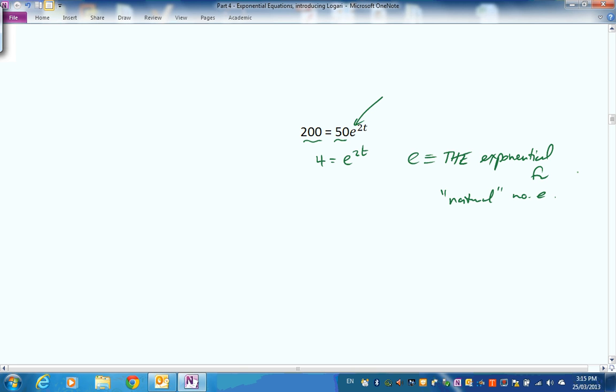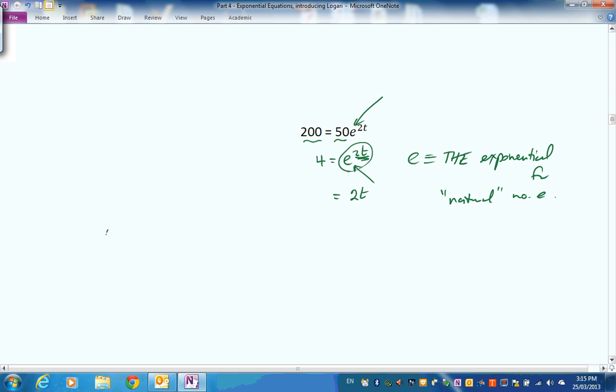We'll see that later on. So natural number e, we could actually use logarithms to the base e, because if we took a log to the base e of this side, the answer would be just 2t, wouldn't it? What power do you raise e to get this thing? It's just the power, it's just 2t.